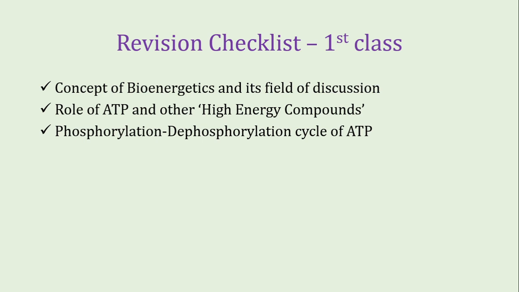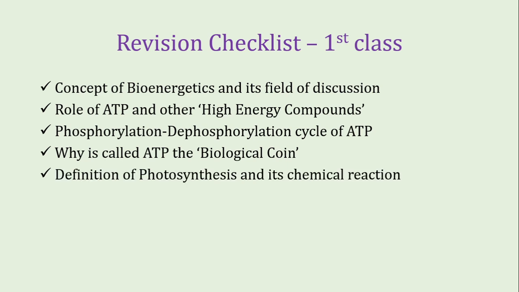This compound cyclically alternates between ATP and ADP by absorbing energy and by releasing energy. Why is ATP called the biological coin? Because it provides the necessary energy to perform any chemical reaction inside a living cell, and that is very analogous with money or coin that allows us to buy any product from the market.